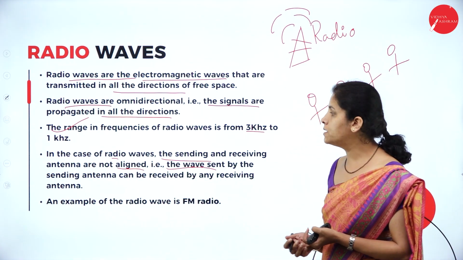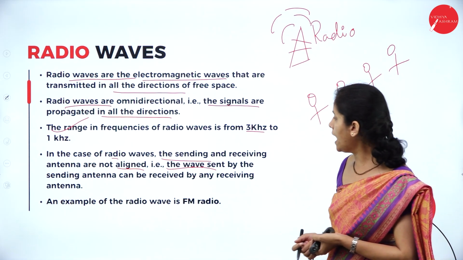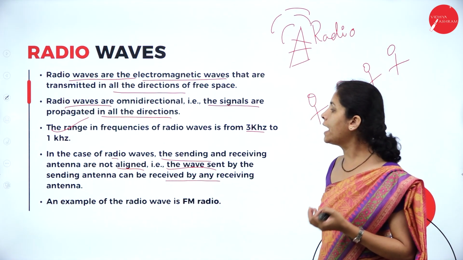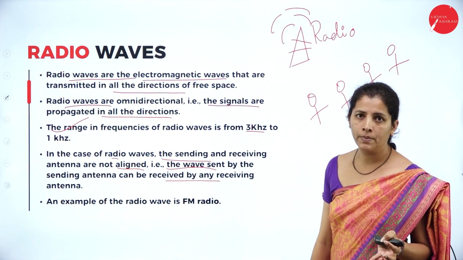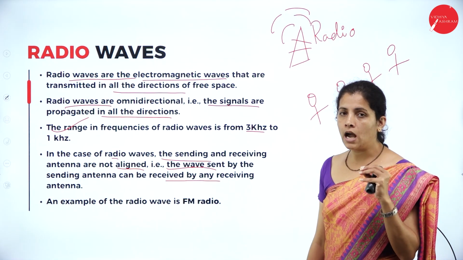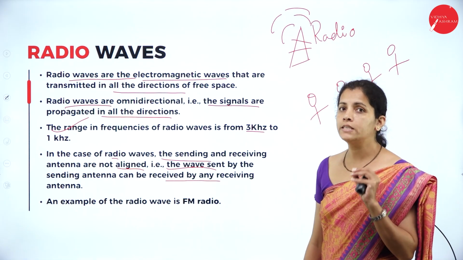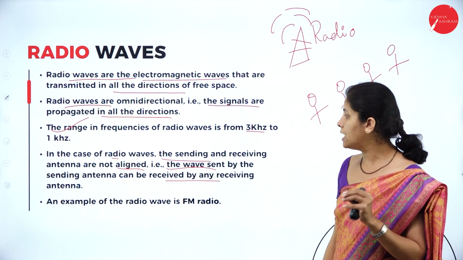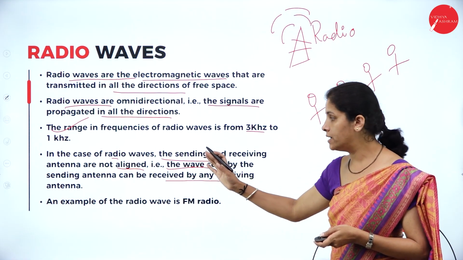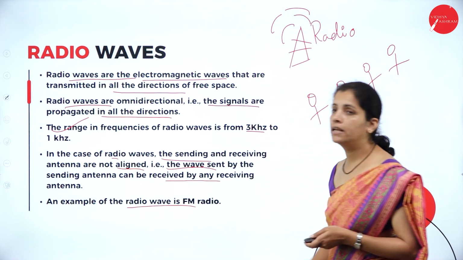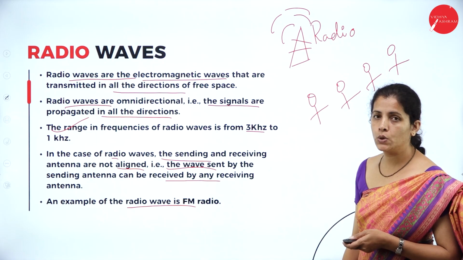The wave sent by the sending antenna can be received by any receiving antenna, because radio waves are propagated in all directions. The best example here is FM radio.